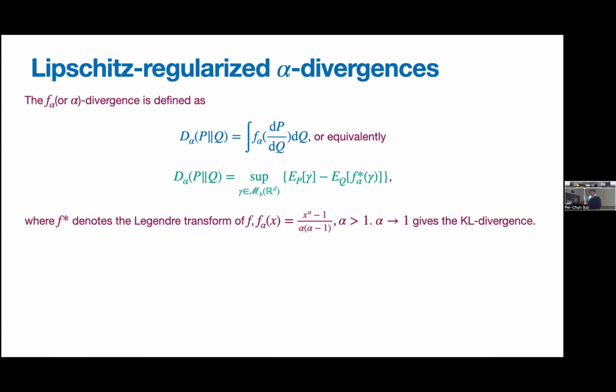So it's guaranteed to be a convex function, no matter what f alpha is. But typically in an alpha f-divergence, this f alpha should be convex, so both f alpha and f alpha star are convex. And in the limiting case, when alpha goes to 1, this recovers the KL divergence, which corresponds to the Fokker-Planck.